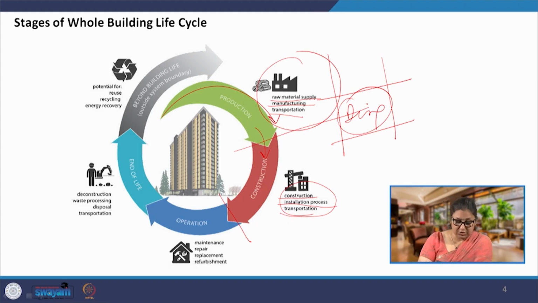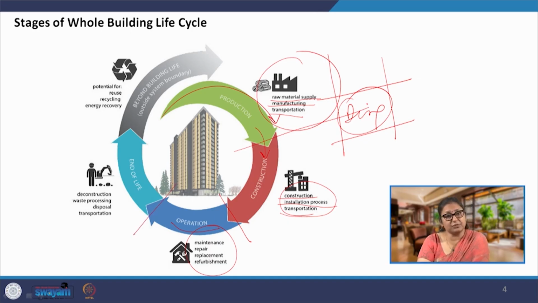So, in addition to the use of building, we have the regular maintenance, repair, replacement, refurbishment works, and that is all part of operations. So, it is not just building envelope, we are talking about all the equipments and services that are going within the building and are going to be used by different stakeholders, users.